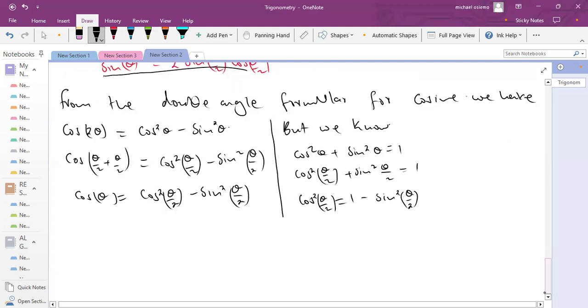Therefore, we have cos theta is equal to 1 minus sin squared theta over 2, minus sin squared theta over 2.